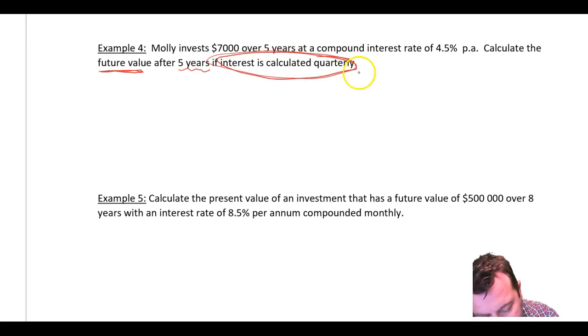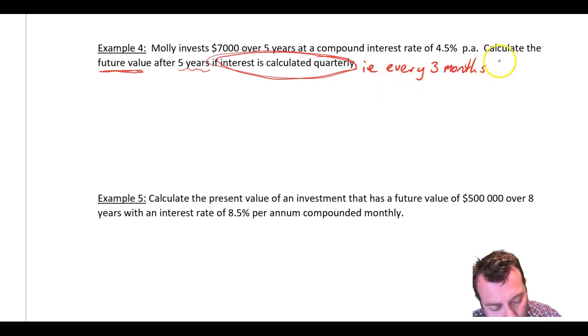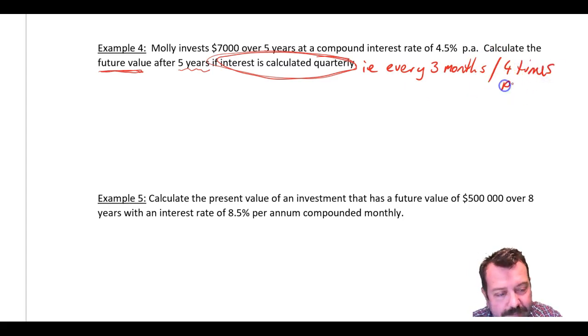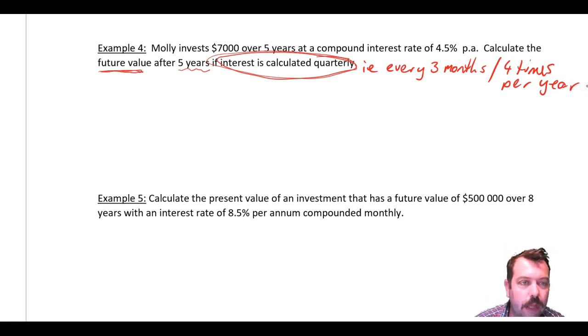Quarterly means every 3 months, or 4 times per year. Right, that's what quarterly means. So I've got to change this interest rate from 4.5% per annum to something per quarter. We'll do that by dividing it by 4.